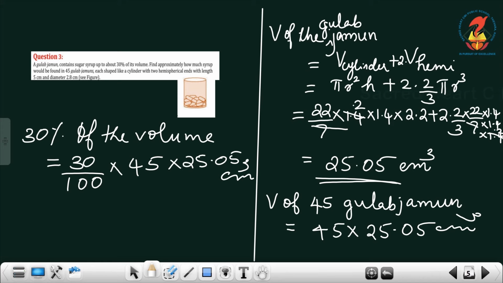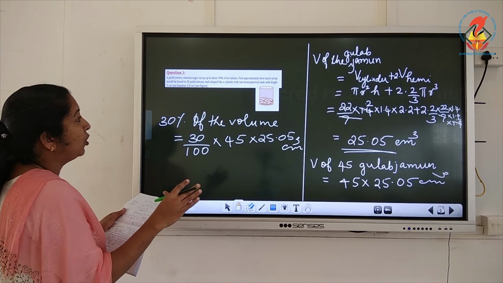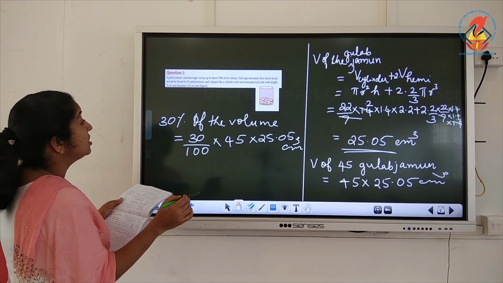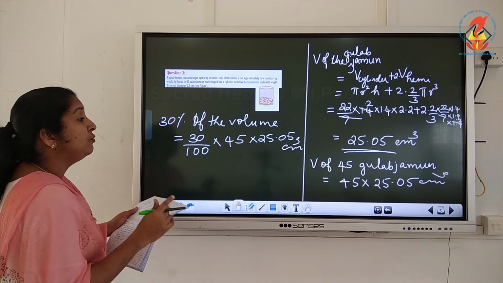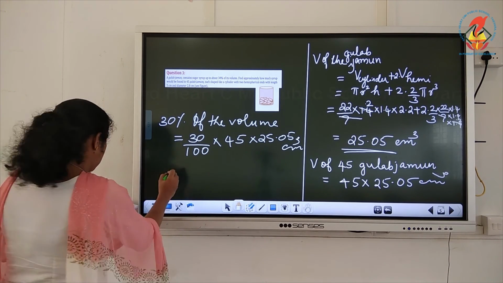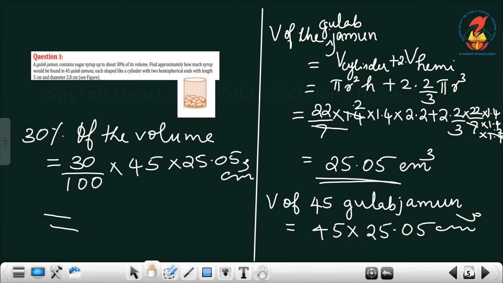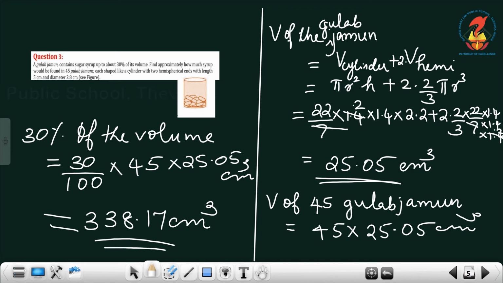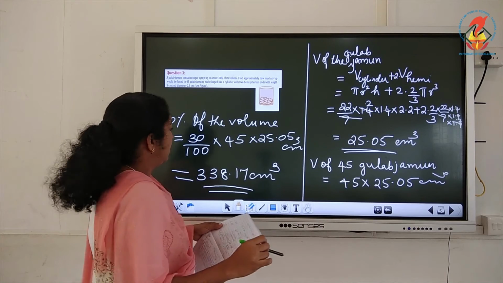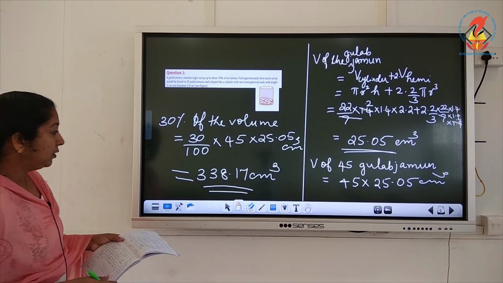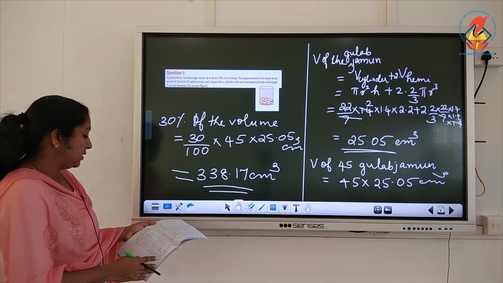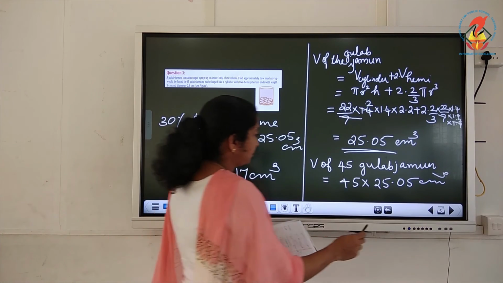So what we need is sugar syrup of 30% of volume. What you have to find is how much syrup would be found in 45. So this is the answer, which is actually equal to 338.17 centimeter cube.